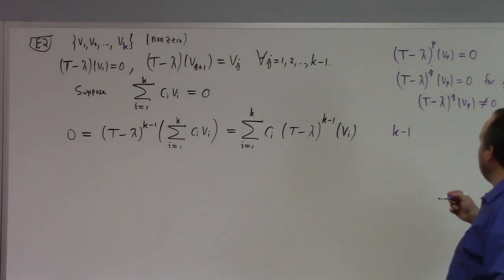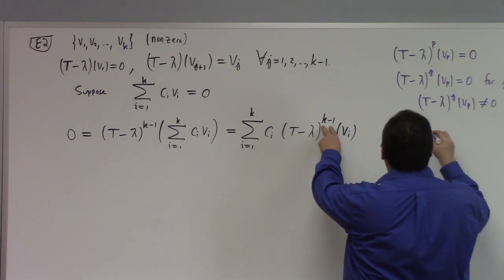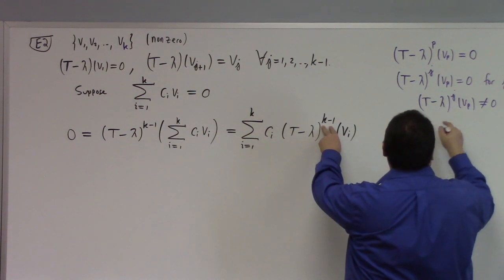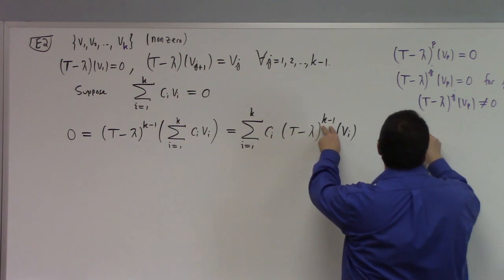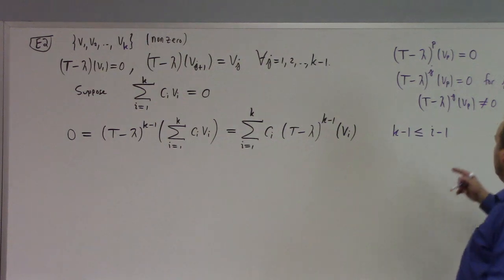So you need k minus 1 to be less than or equal to i minus 1, right?